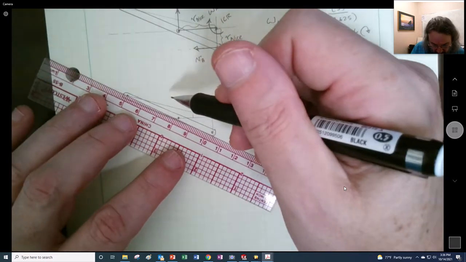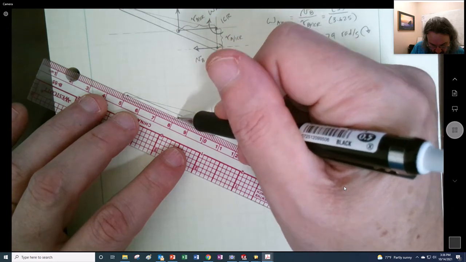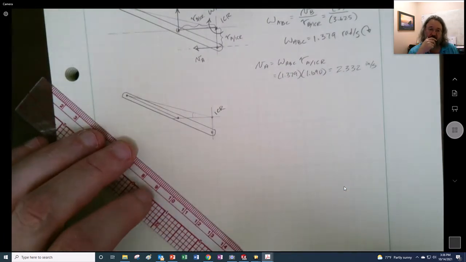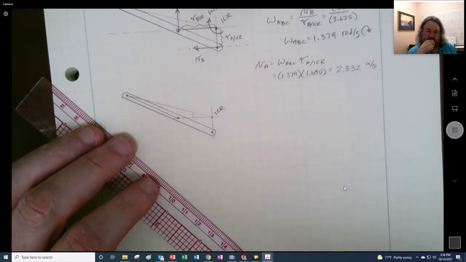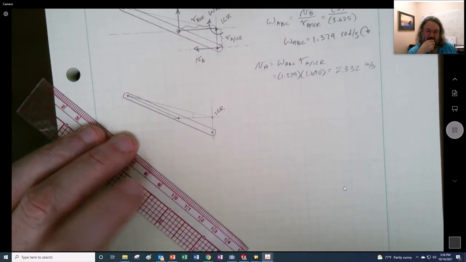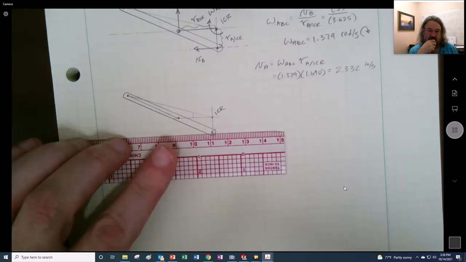And we could do it in a couple of different ways. I tend to want to break them up into smaller triangles, but looking at what I have available right now, I think I need to break it up into smaller triangles. I don't think there's any way to make this easy.